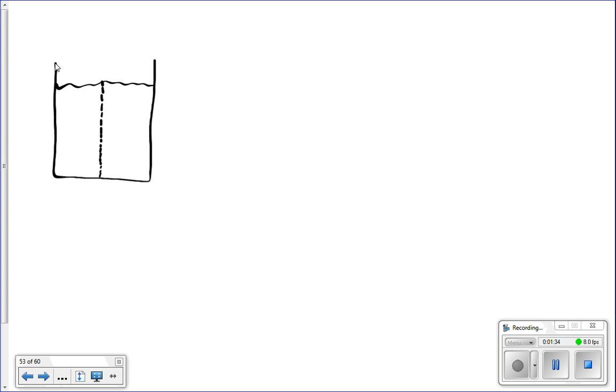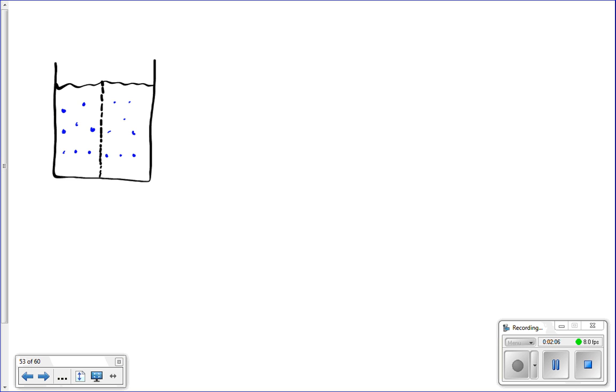The blue dots that I'm going to draw will represent the salt ions that are dissolved in the water. Water likes to be at equilibrium, where it has equal amounts of water and salt on either side of this membrane. So if the left side has, let's say, 8 pieces of salt ions in it, then it is at equilibrium if the other side also has 8 ions dissolved in it.